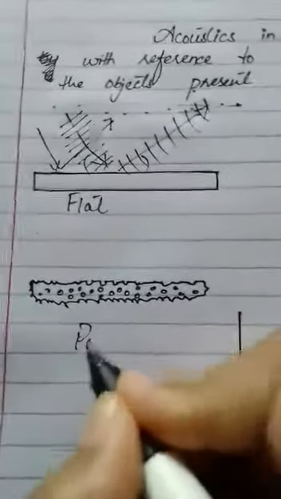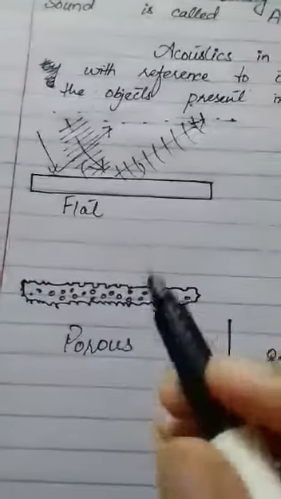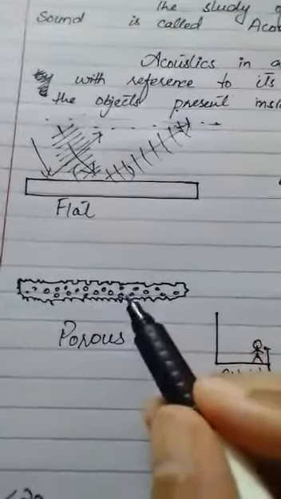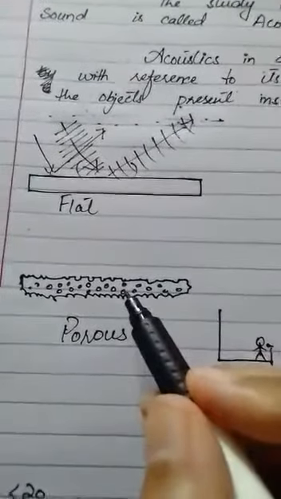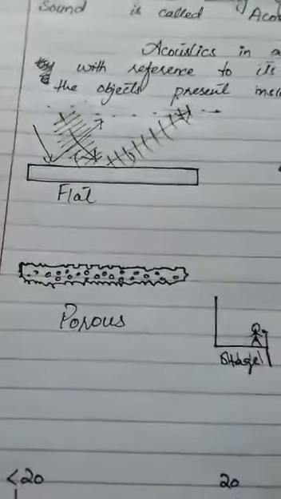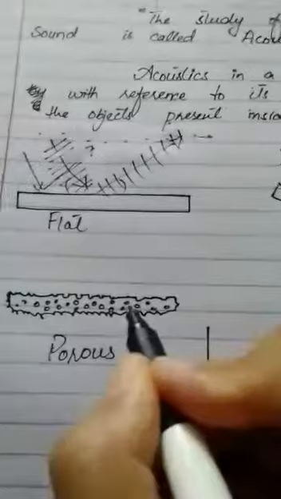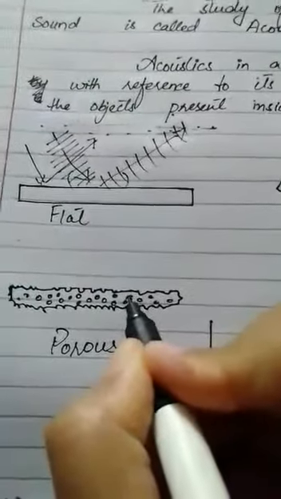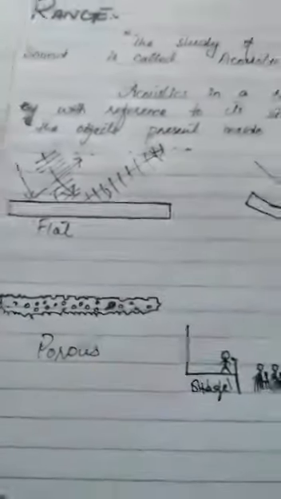Now coming to the third material, which is porous. As the name suggests, it is a surface that contains many pores. These types of materials absorb a lot of sound, because the pores have holes in them, and these holes are filled with the material itself.